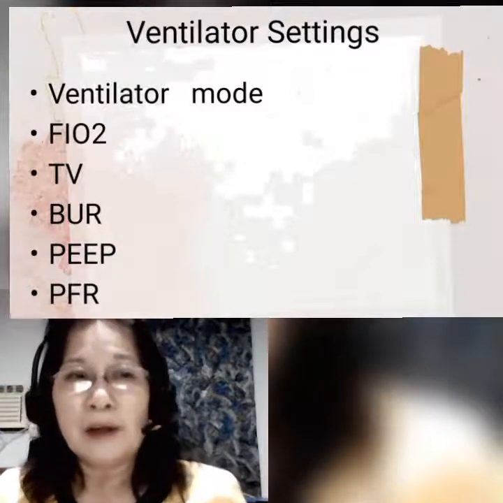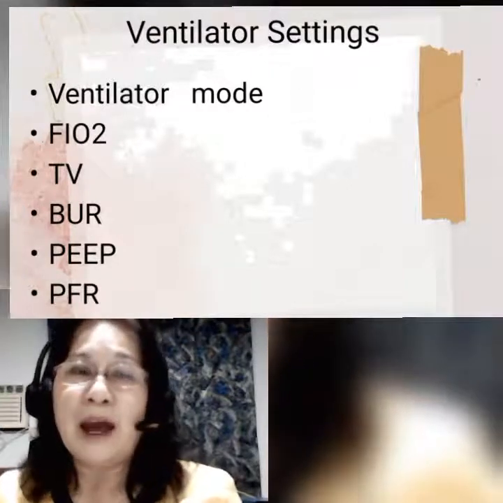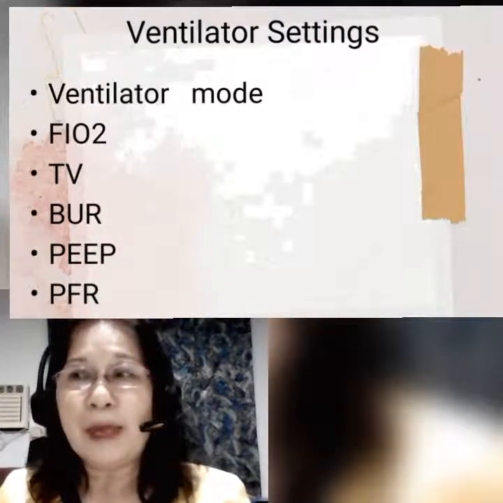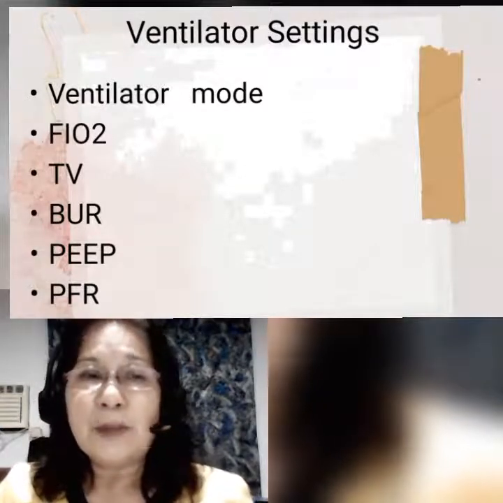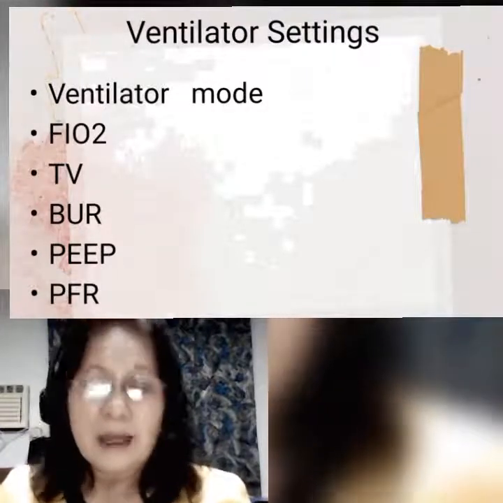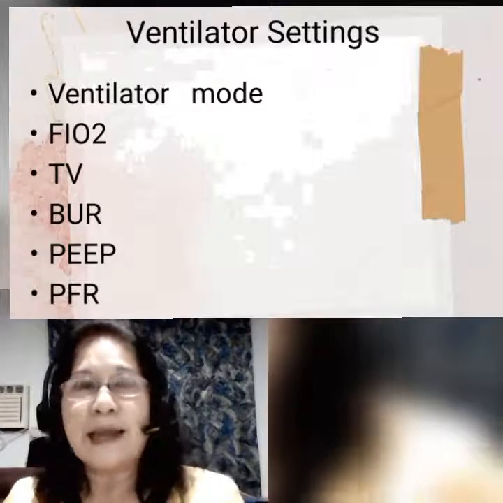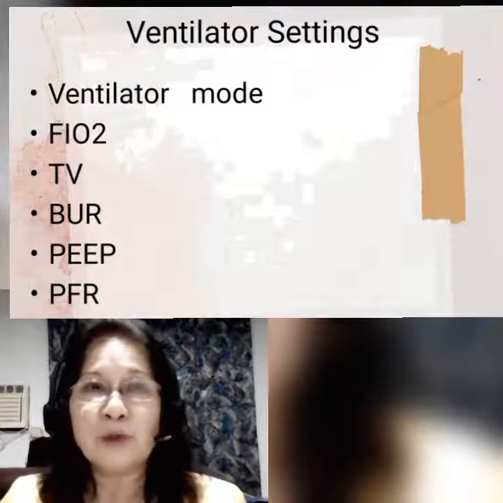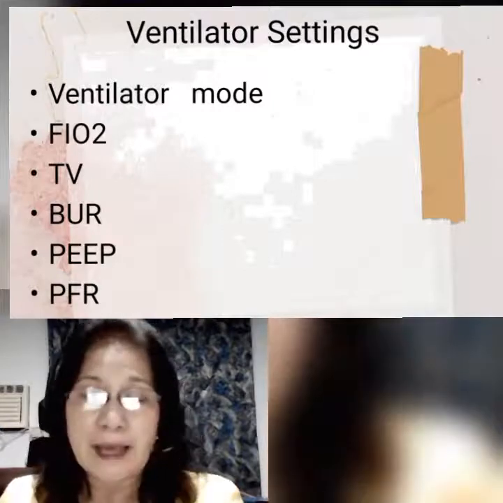But after 1 hour of being on 100% FiO2, the patient will have an ABG, your arterial blood gas. Now, the doctor will determine the FiO2 according to the ABG result of the patient. That's the time that the FiO2 will be lowered to either 80%, 90%, or 70%. But as I said, the FiO2 can be given to the patients as low as 30% or 21%.